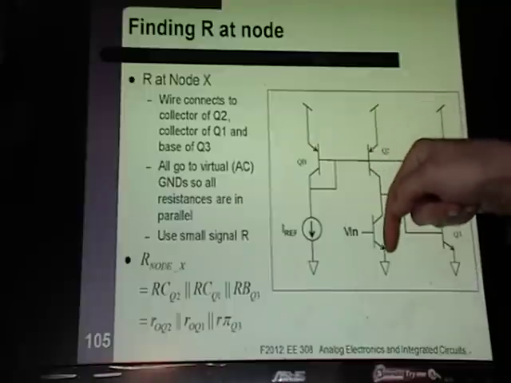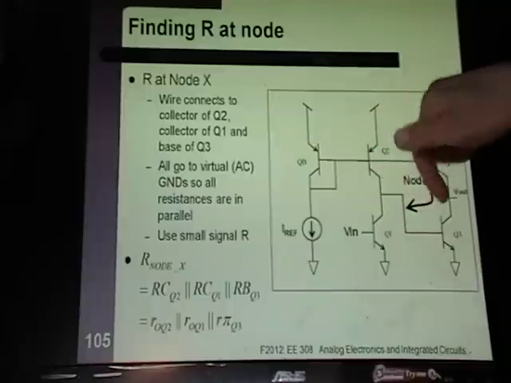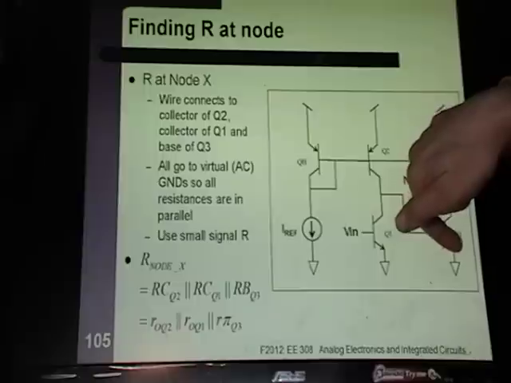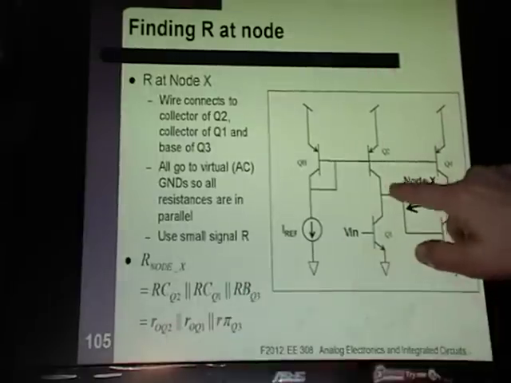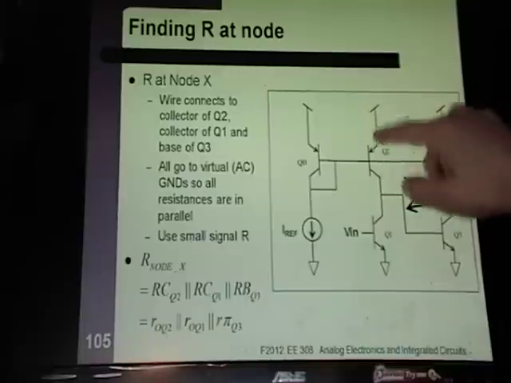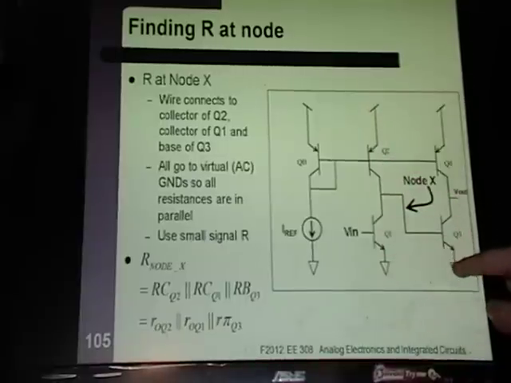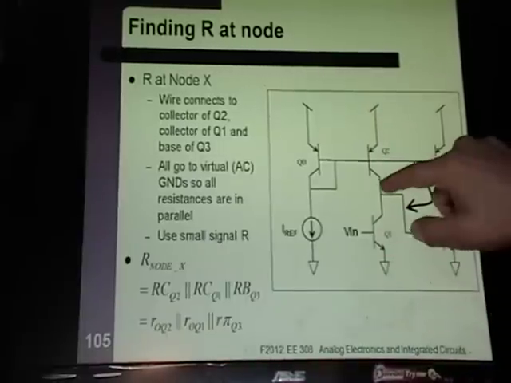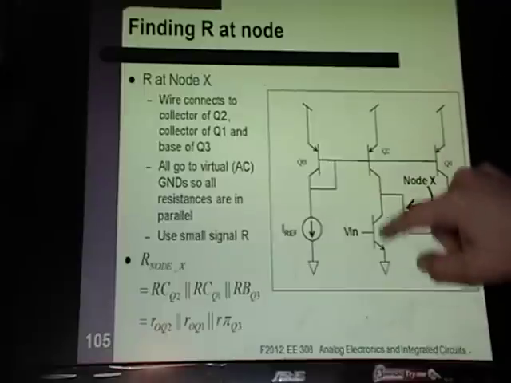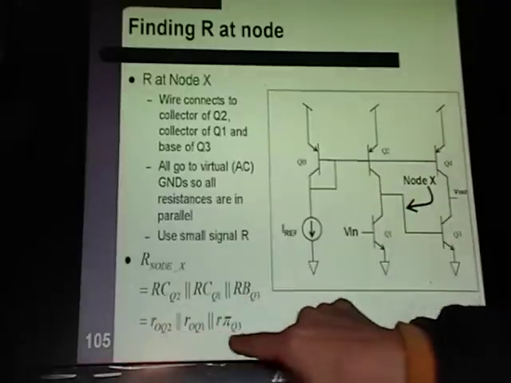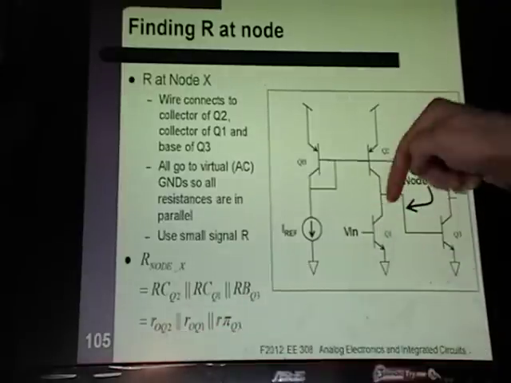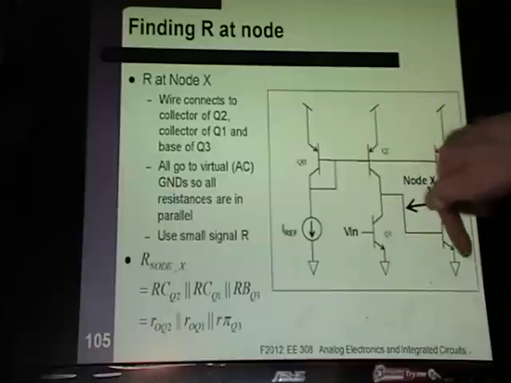Then you go down, you see an RO, that takes care of Q1. Over here, you look at R pi. Since all of these go to AC grounds, virtual grounds, they all end up in parallel, and you get your RO2, your RO1, and your R pi 3.